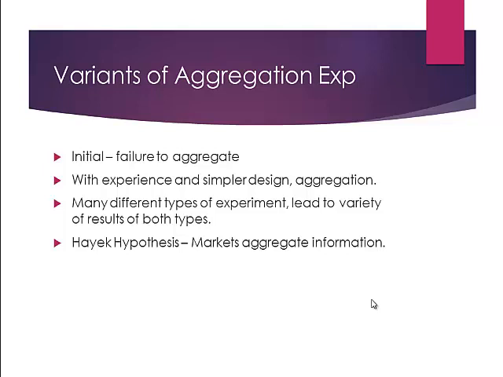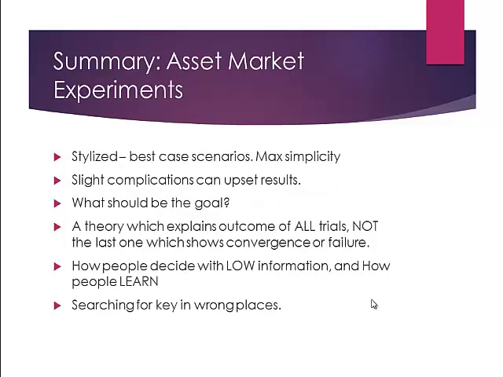The initial experiment showed that there was a failure to aggregate, but as people learned and experimented with this, they made a simpler design, and they found a situation in which the market could aggregate the information, but with different types of experiments and with slight changes in conditions, you could get many different outcomes. So basically this was a test of the Hayek hypothesis that markets aggregate information.